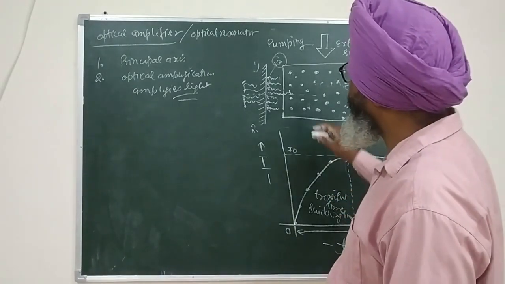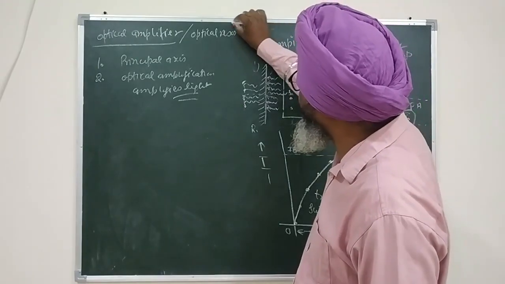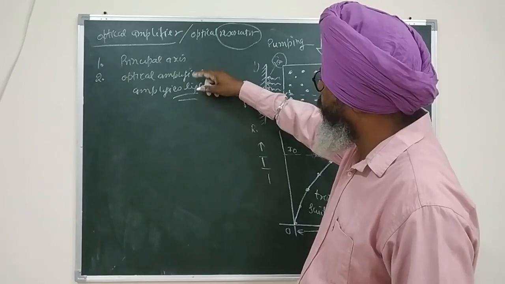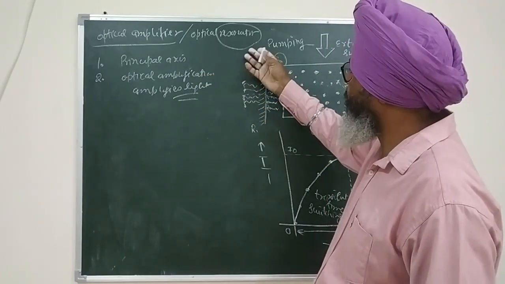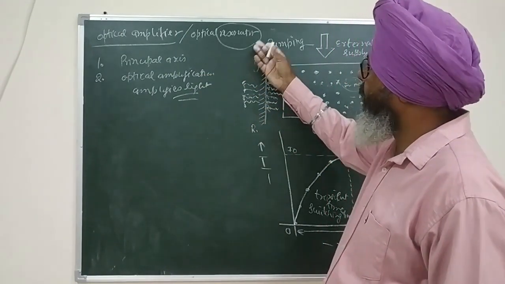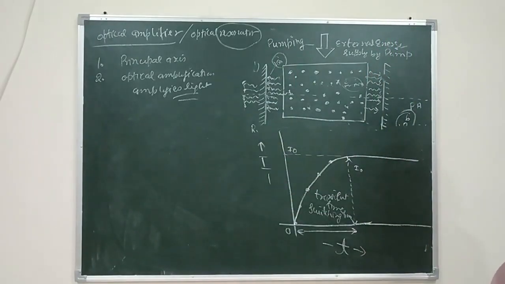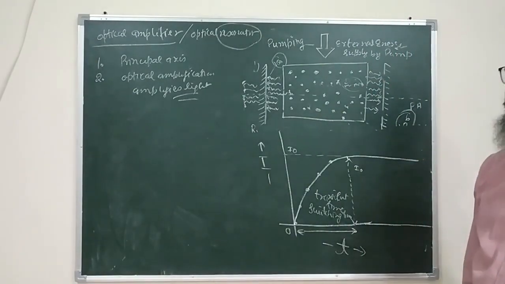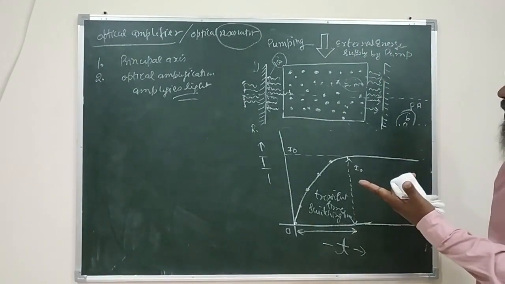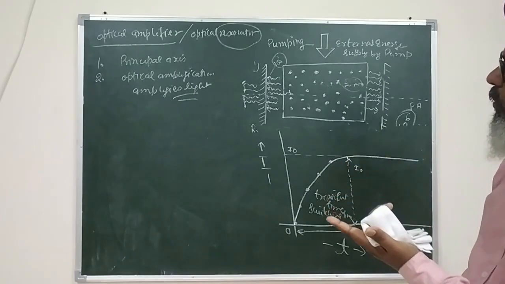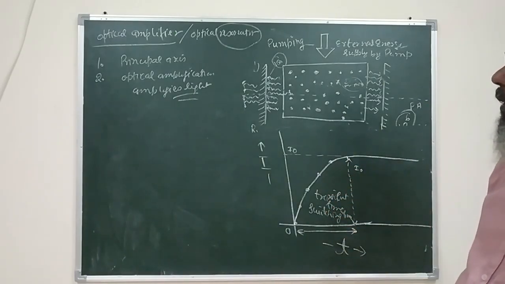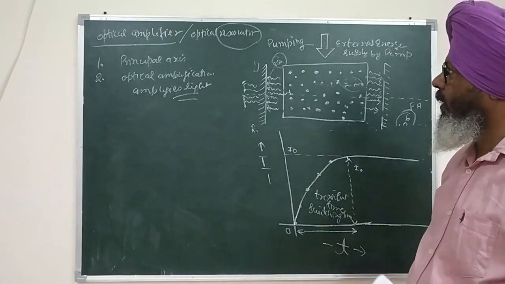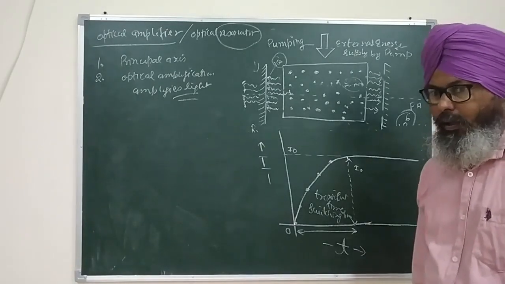But one important thing that may come to the mind of a person is that if it is not doing any resonance type of process, then why is its name optical resonator? Why do we not stick with the name amplifier, because it is actually doing the amplification of the light? Why do we sometimes call it optical amplifier and sometimes optical resonator?